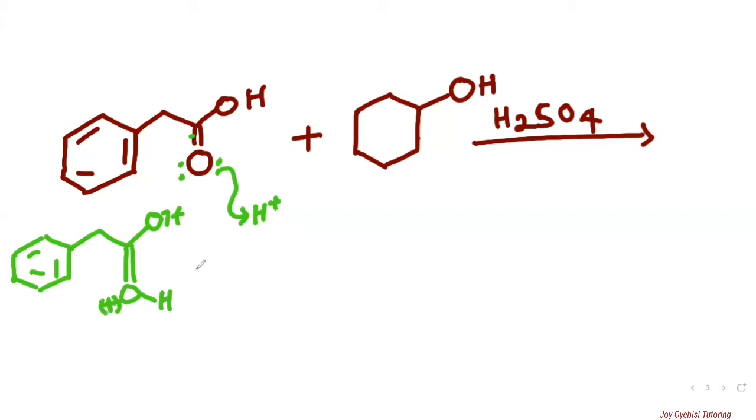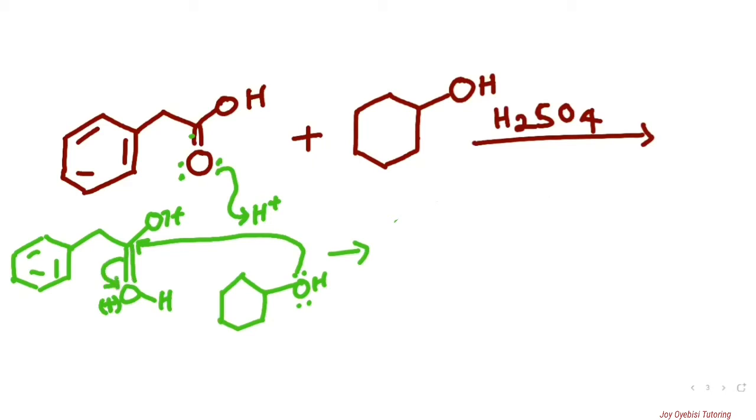Now from here, the next step would then be that this alcohol would then attack. So this alcohol here would then attack the carbonyl carbon. So you have the lone pair on the oxygen attacking the carbonyl carbon. Now, when it attacks here, this bond will break, okay?